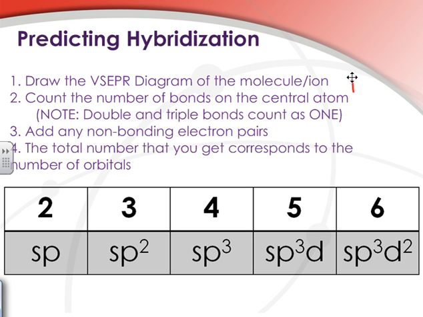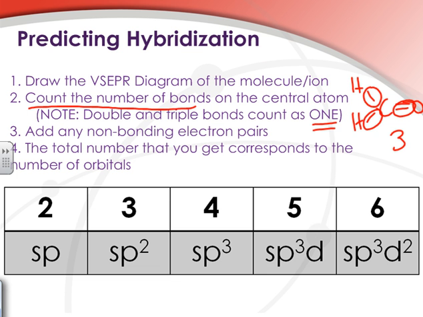So if I go back to my CH2O example, if I count the number of bonds, I've got one bond here, one bond here, and one bond here. And I already said double and triple bonds count as one. So my total number of bonds in this molecule is 3.